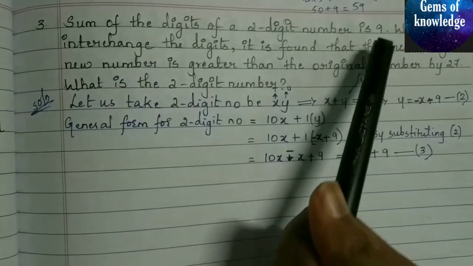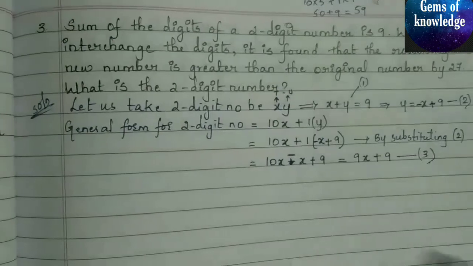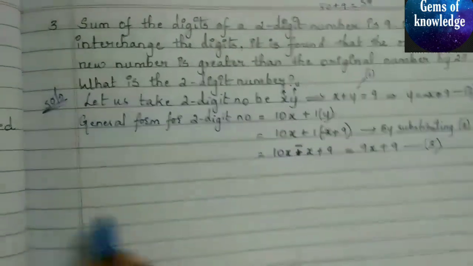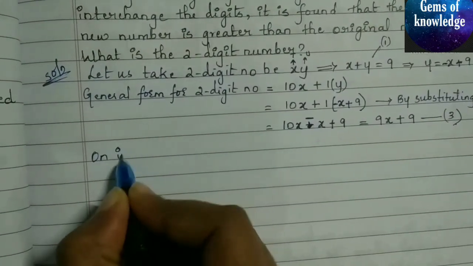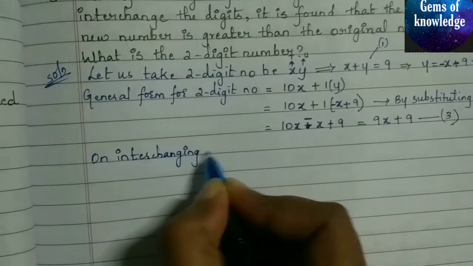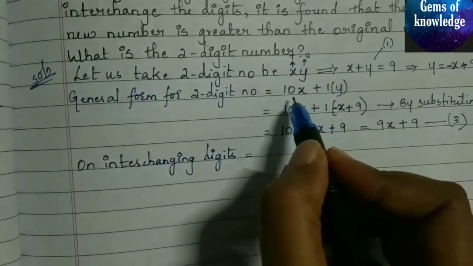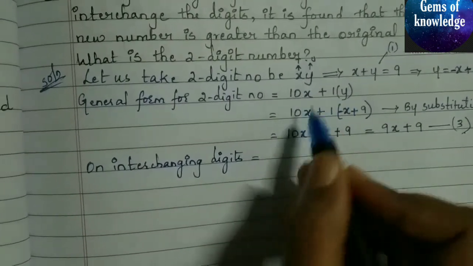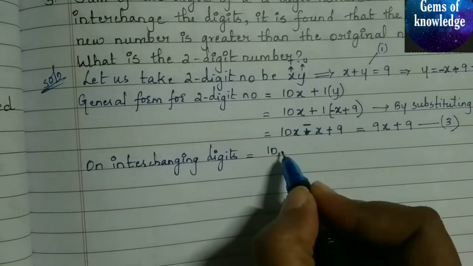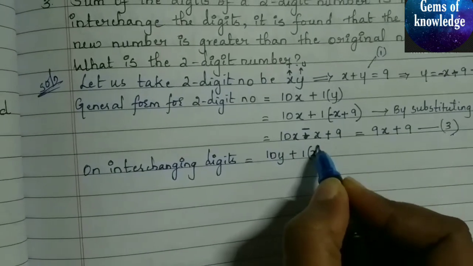Moving to the next, you can see the question: when we interchange the digits. Now we have to interchange the digits and find out what we are getting. So on interchanging digits, we will get, only here you have to interchange. In place of x, 10 into, in place of x we will change it to y, plus 1 into, in place of y we will change it to x.